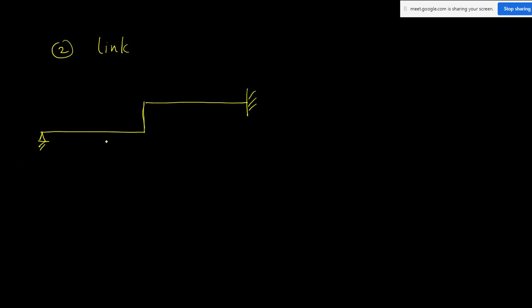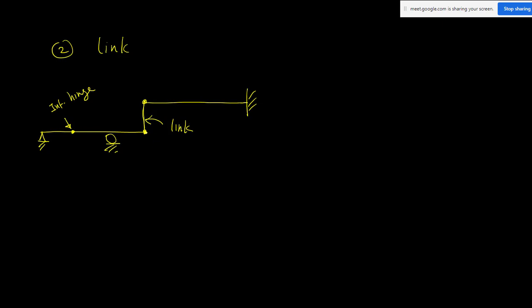I have a roller support here, and I have a hinge here, it is a link, as the question will mention. Here I have an internal hinge, it is your internal hinge. So this is your question.